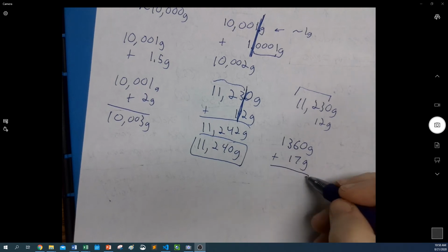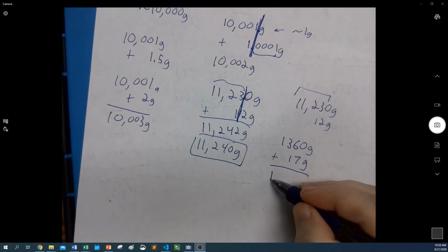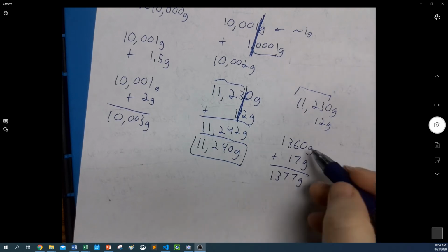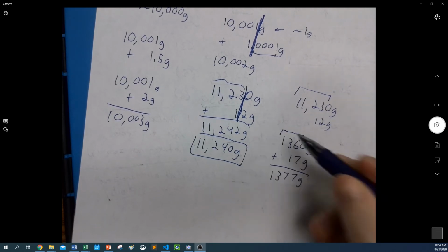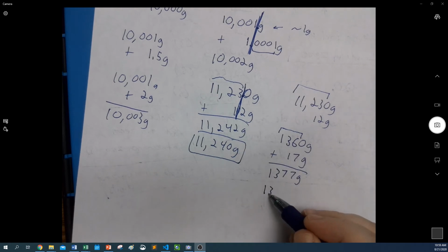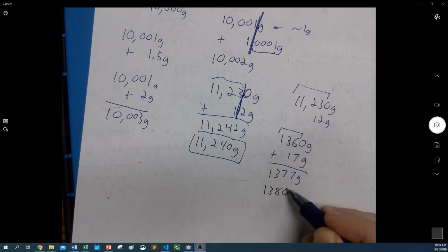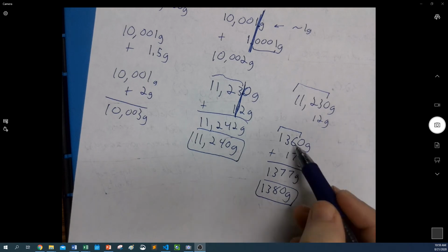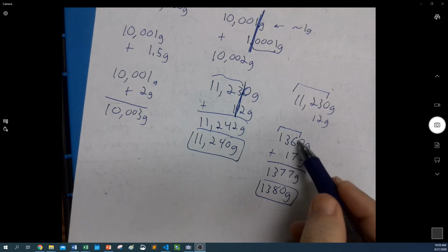So that would be 1,377 grams. But it's only accurate to right here. So I would round this to 1,380 grams. That would be my answer. Yes, you always round it to whatever place is most accurate.